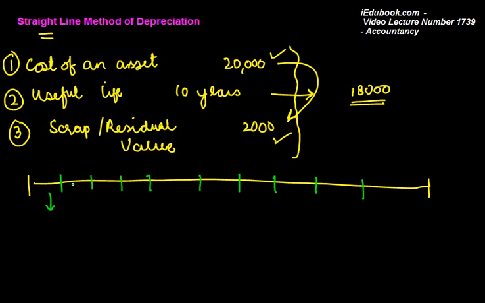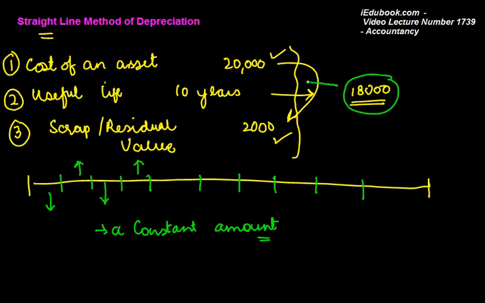Every year, we write off by way of depreciation a constant amount. Right? So if 18,000 has to be written off over a period of 10 years, how much amount should I charge every year such that I charge 18,000 over these 10 years? This is plain simple maths, right?